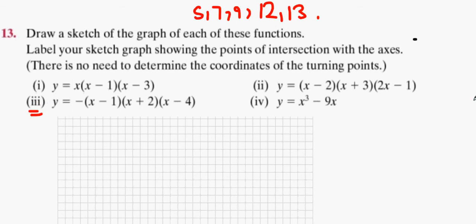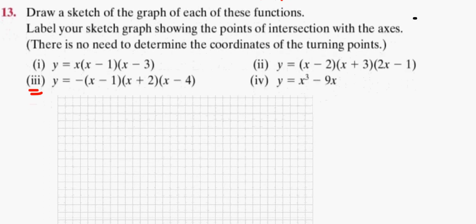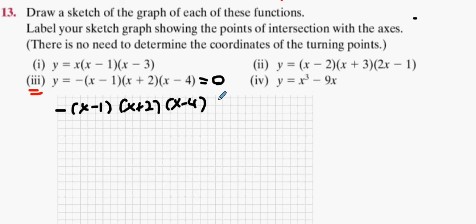So, draw a sketch of these functions. Alright? So, first thing we're going to do is find out where it hits the x-axis. Where does it hit the x-axis? What's the value for y? So minus x minus 1, x plus 2, x minus 4 equals 0.